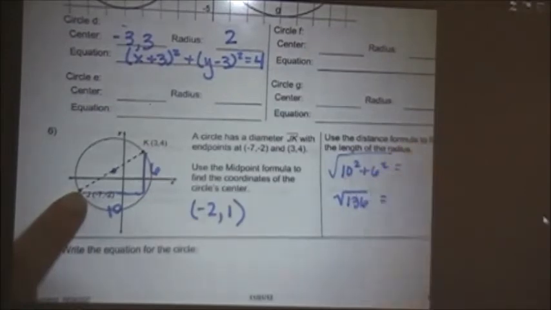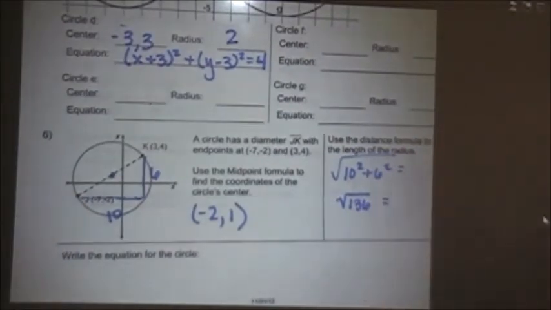So that's going to be the square root of 136. Is that right? Did I add that right?